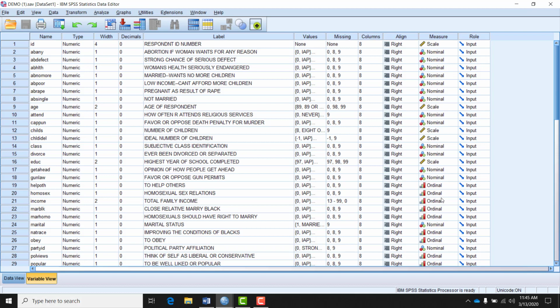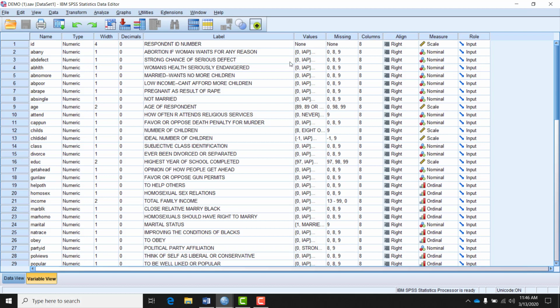Don't trust this. SPSS sometimes will mislabel the level of measurement of a variable. It doesn't really know. It's a computer. It only knows what we tell it. So don't trust this. You will need to figure out for yourself if something is ordinal, nominal, or interval/ratio, which is called scale in SPSS, right? So just keep that in mind.